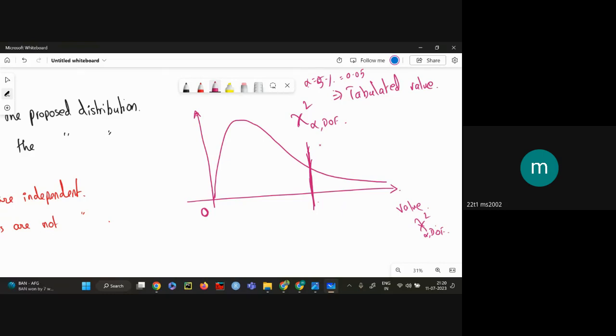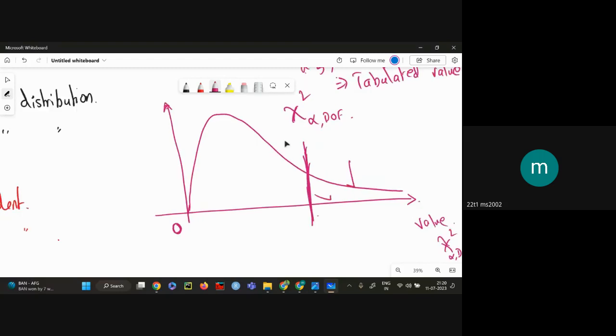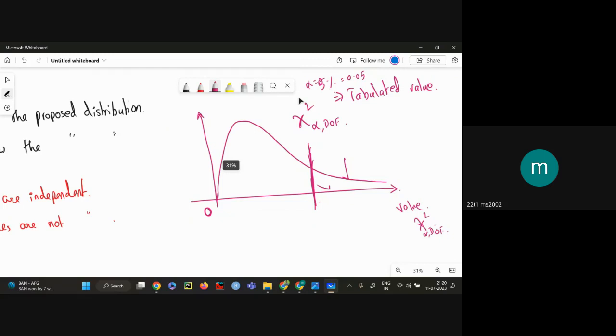Okay. Right. So the chi-squared alpha DOF is the tabulated value. Why? Because it does not change with the computations that you do. It is always fixed for a particular alpha, particular DOF. It does change in the sense of how many buckets you use. Based on that, the DOF will change and hence the value will change. But for that particular thing, it does not vary.